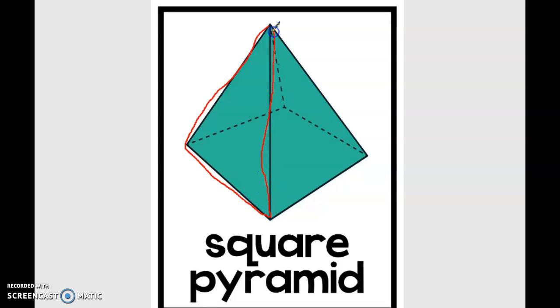This is 1, and then this one will be 2, and then this one back here is 3, this one on this side is 4, and then the very bottom is 5. There are 5 flat faces on a pyramid.